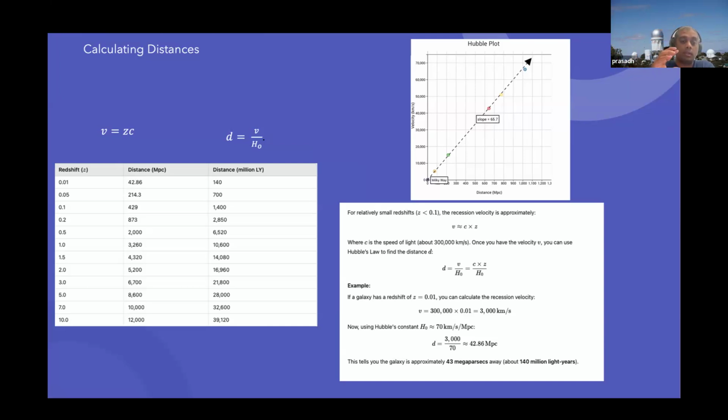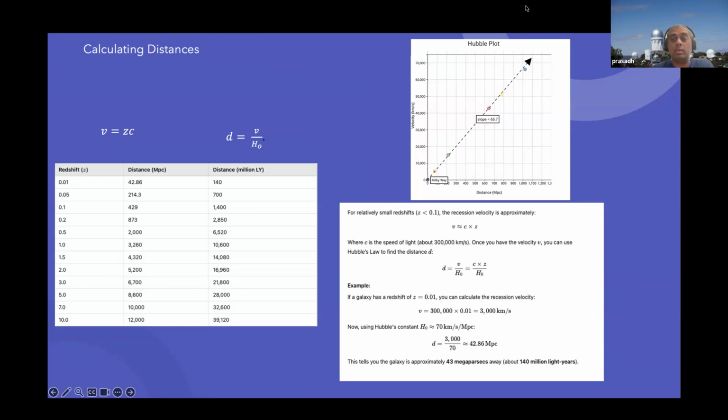But now we know how to measure distances that are so far away using type 1a supernova explosions. Because of that, I have increased the distance up to 1200 megaparsecs here, and the velocity is up to 70,000 kilometers per second. So this is so far away.